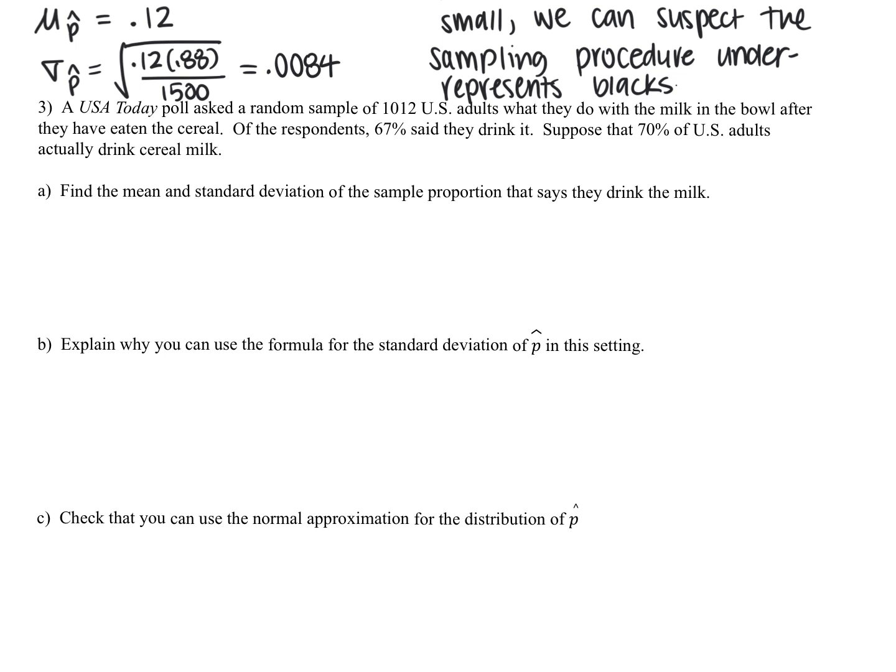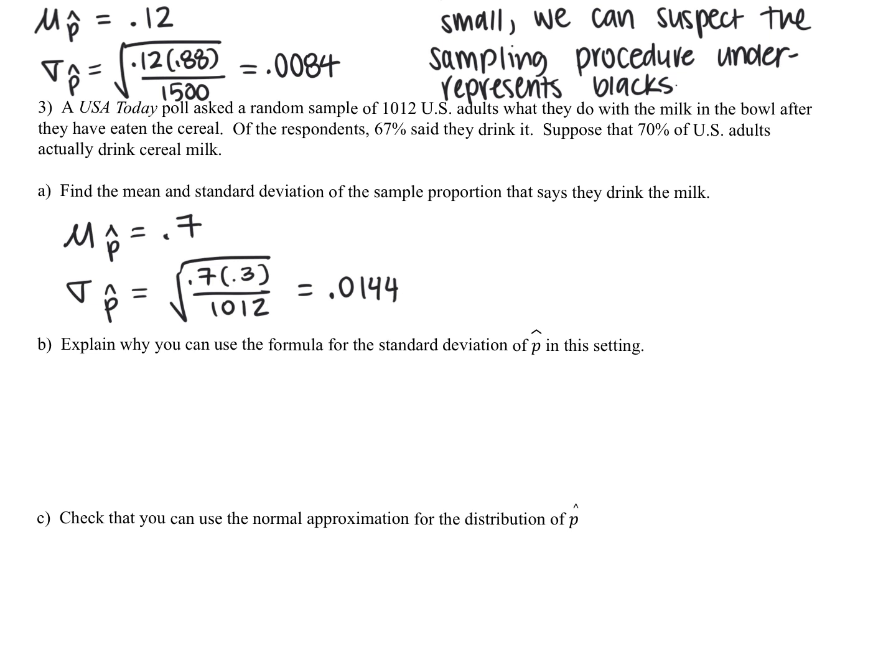So it does say it was a random sample, so the mean is going to be 0.7. 1,012 is less than or equal to 10% of all U.S. adults. There's at least 10,000 of those. So for my standard deviation, we're going to do 0.7 times 0.3 over 1,012, all underneath the square root. So we get 0.0144.